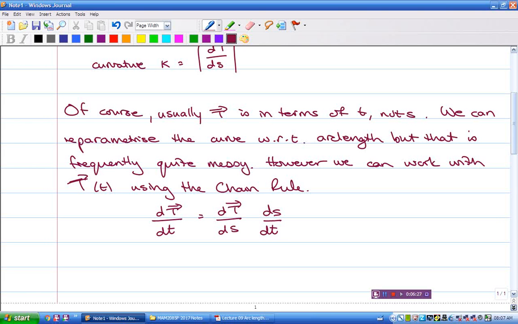The chain rule says that d big T by d little t is d big T by ds times ds by dt. So kappa, which is defined as the modulus of the first factor on the right, is equal to the modulus of the thing on the left divided by that.